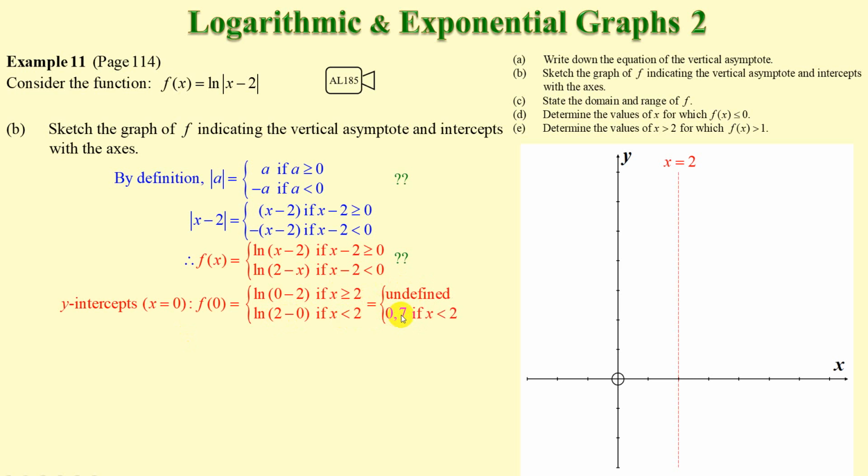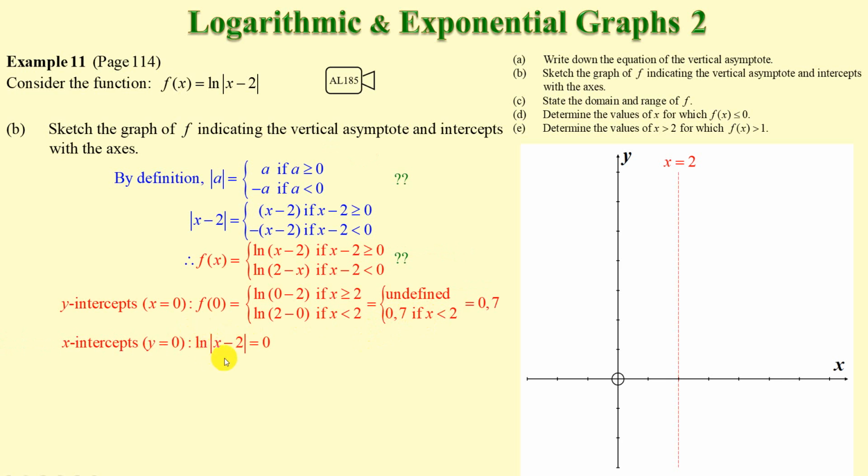So in fact, it's 0.7. Well, I'm substituting 2 in, so I have ln of 2, and now we have that. 0.7 found on your calculator, and that becomes 0.7. So that can go onto the axis as well.